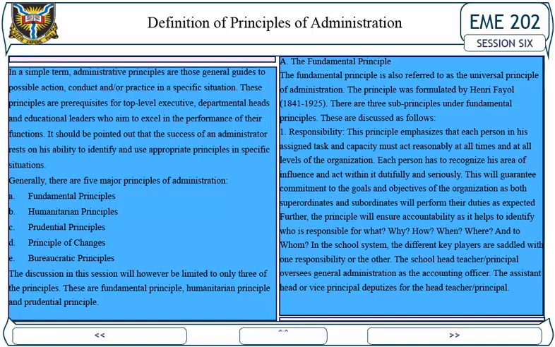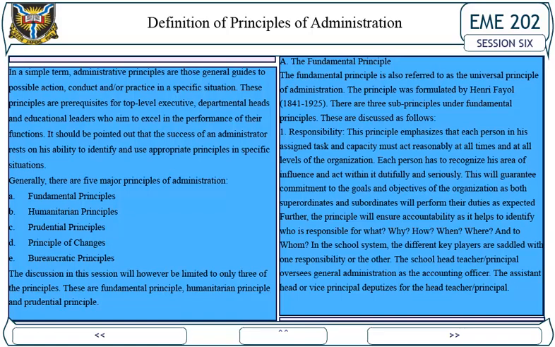These principles are prerequisites for top-level executives, departmental heads, and educational leaders who aim to excel in the performance of their functions. It should be pointed out that the success of an administrator rests on his ability to identify and use appropriate principles in specific situations. Generally, there are 5 major principles of administration.